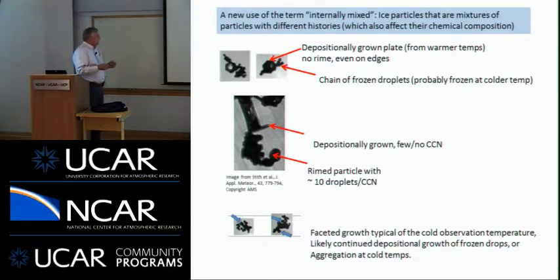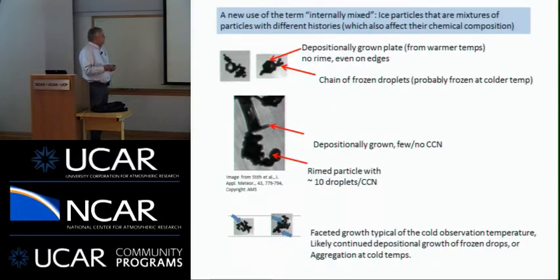So what we have is a particle, for example, here where you have a rime particle that has collided with a depositionally grown crystal. And so the total ice particle is composed of particles with completely different histories. This particle has maybe 10 droplets on it, and so there's 10 cloud condensation nuclei.